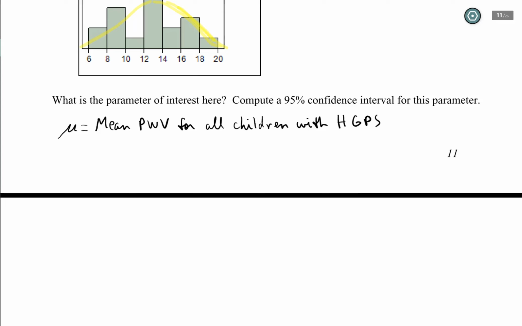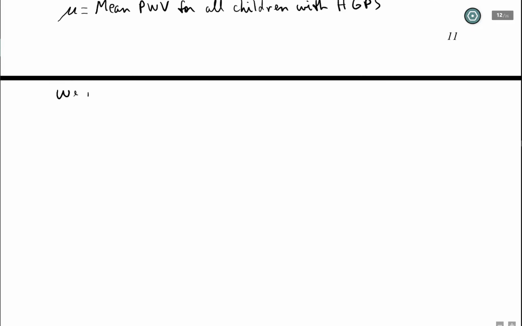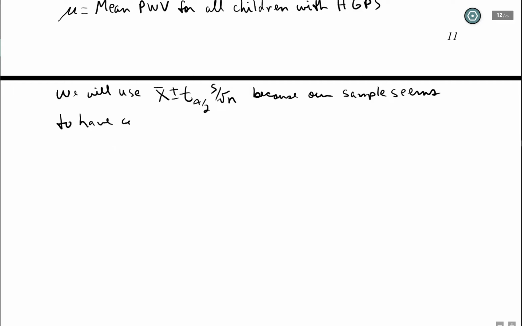So we're going to compute a confidence interval for mu, and let me write this out here, we will use x bar plus or minus t sub alpha over 2 times s over root n, and we use that because our sample seems to have come from a near normal population per the QQ plot.